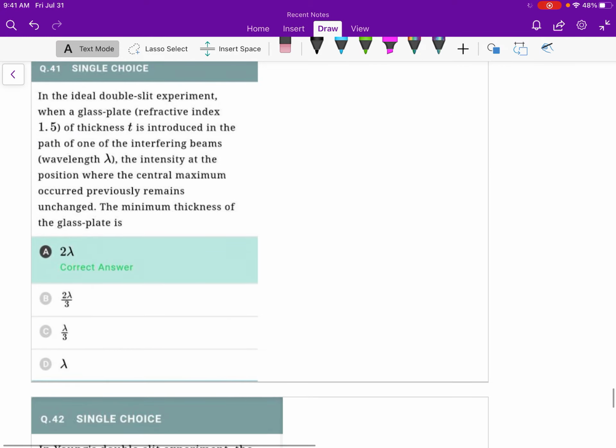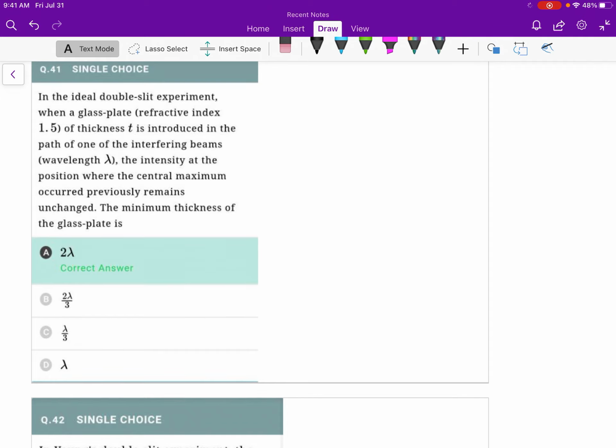In the ideal double slit, the central maximum occurs where it did previously and remains unchanged. That means the minimum thickness of the plate. So since the intensity at the location of O remains unchanged, that means the fringe pattern has shifted by an integral number of fringe widths. So the number of fringes shifted is (n minus 1) T upon lambda, and for minimum thickness it should be 1.